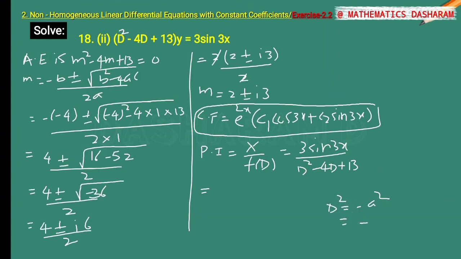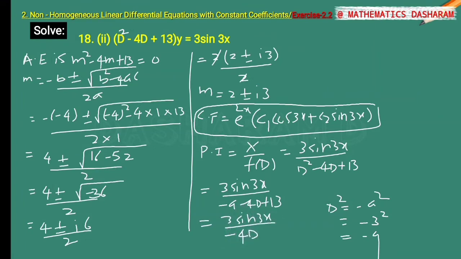So minus a value is the x coefficient, that is 3. So minus 9. So 3 into sin 3x divided by minus 9 minus 4d plus 13. So 3 into sin 3x divided by minus 4d minus 9 plus 13 is plus 4.